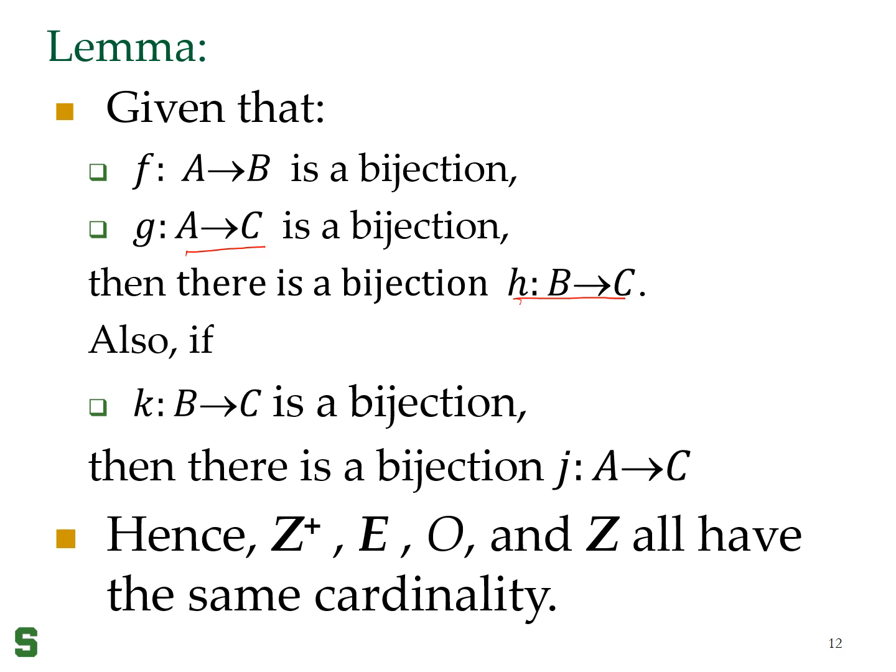What this means is if I have shown a bijection from say Z plus to E and Z plus to O, that means I can create a bijection from E to O. If I've created a bijection from Z plus to E and Z plus to Z, then I can create a bijection from Z to E and so on. And that means that all these sets have the same cardinality.